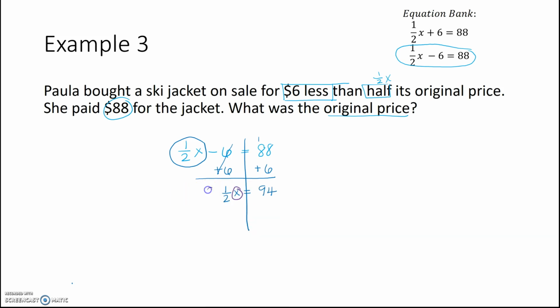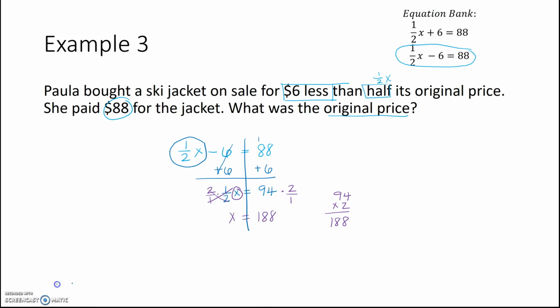So you multiply and you flip it, right? 1 times 2 is 2, 2 times 1 is 2, 2 over 2 is 1. So you're going to just flip your fraction and multiply. So 94 times 2, 2 times 4 is 8, 2 times 9 is 18. So x equals $188.